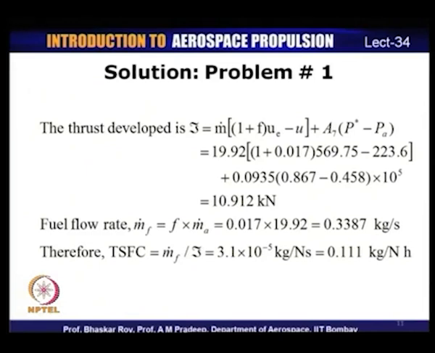Which is why I have expressed it also in terms of kilograms per Newton hour, because that is in terms of some form of an industry standard where they would express the fuel flow rate in the form of kilograms per Newton hour. And so, once we calculate kilograms per Newton second, it just has to be multiplied by 3600 to convert it to kilograms per Newton hour.